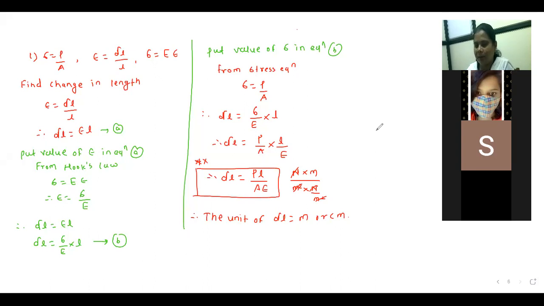Okay, please write down next point. Already we have discussed, but please write down next point: compound bar. Just write down the definition.